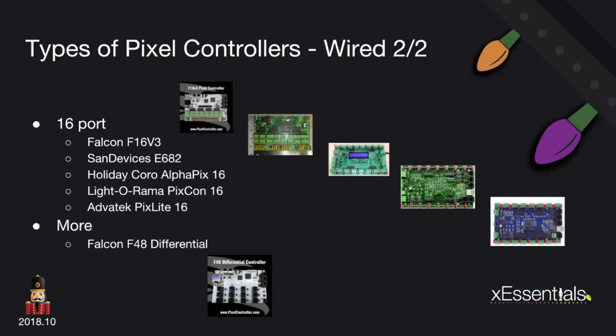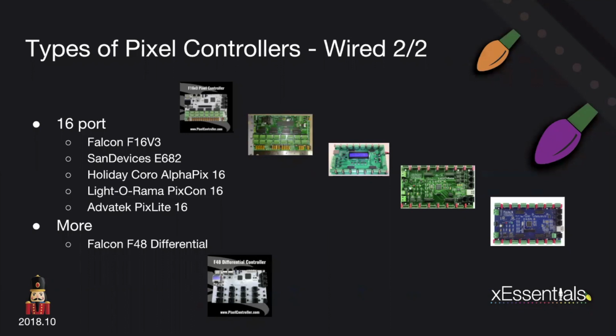Moving on here too, just to compare, and this is an extra thing, given that the F48 is fairly new, it's a little bit different type. There are versions of the 16-port controllers and 4-port controllers that are not listed here that also support some type of differential. They call it a pixel extender or something like that.